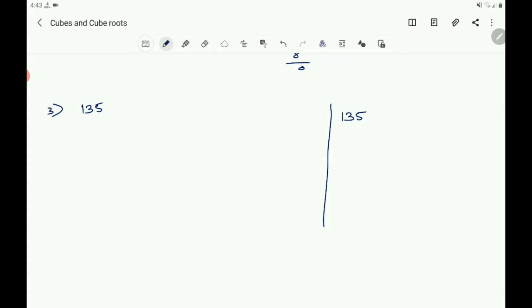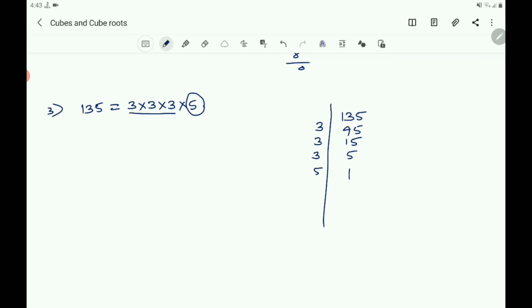So you divide it by 3. 3 45s are 135. Next again it is divisible by 3. 3 15s are 45, 3 5s are 15, 5 1s are 5. Then you write 3 into 3 into 3 into 5. Here you make the group of triplet and extra 5 is there.